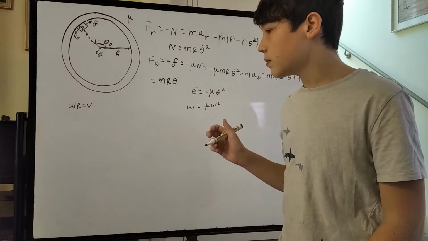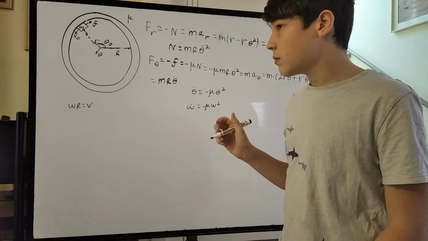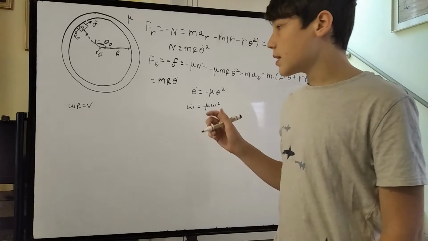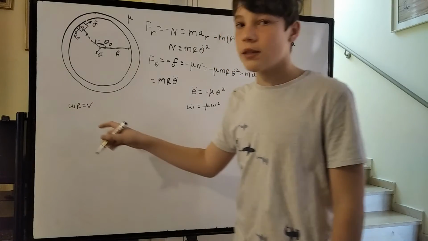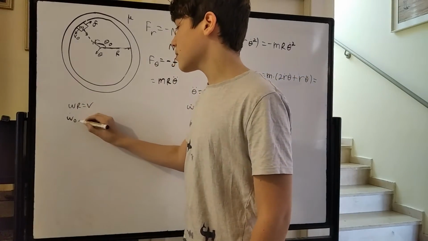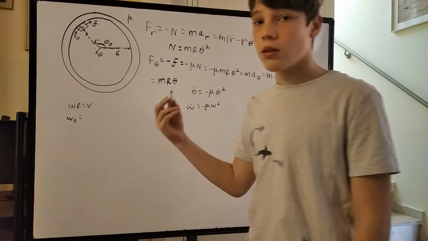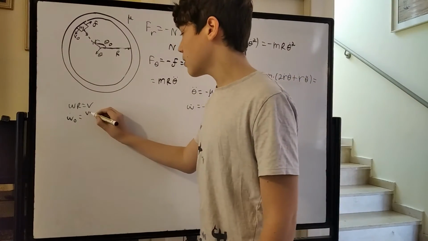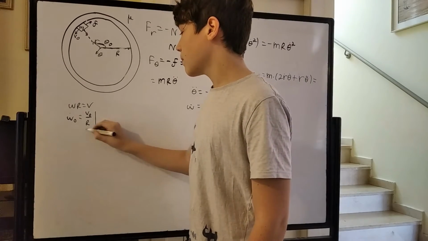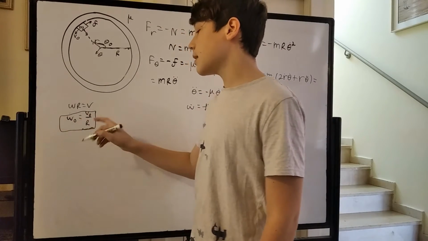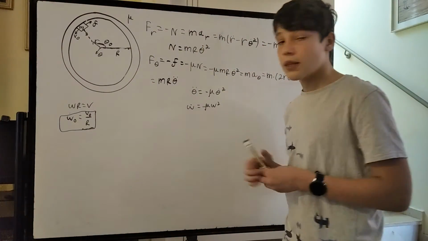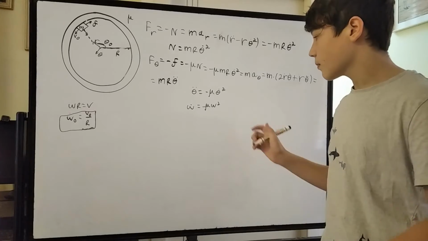And so, if we just look at it, when the time is 0, we get omega 0, the initial angular velocity, is v0 over r. So this is the initial angular velocity, and now we can go on and solve this differential equation.